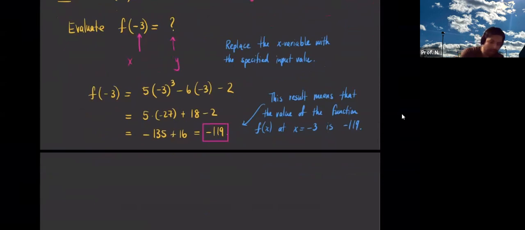So another thing we can say, this result means that, the first thing we can say is that the value of the function f of x at x equals negative 3 is negative 119.